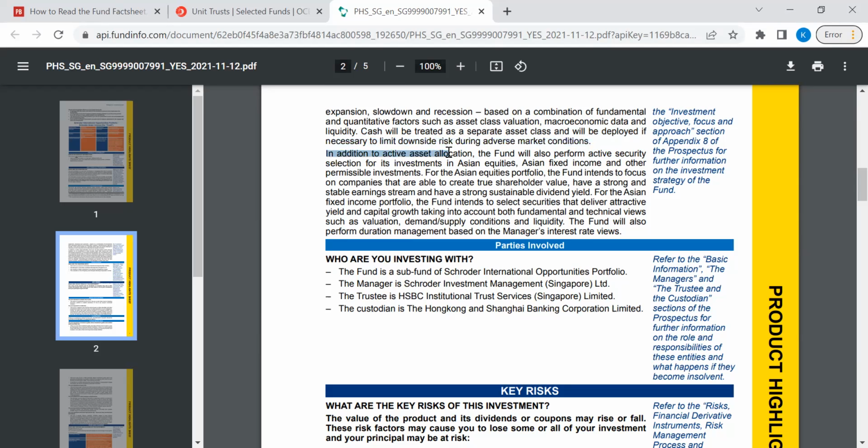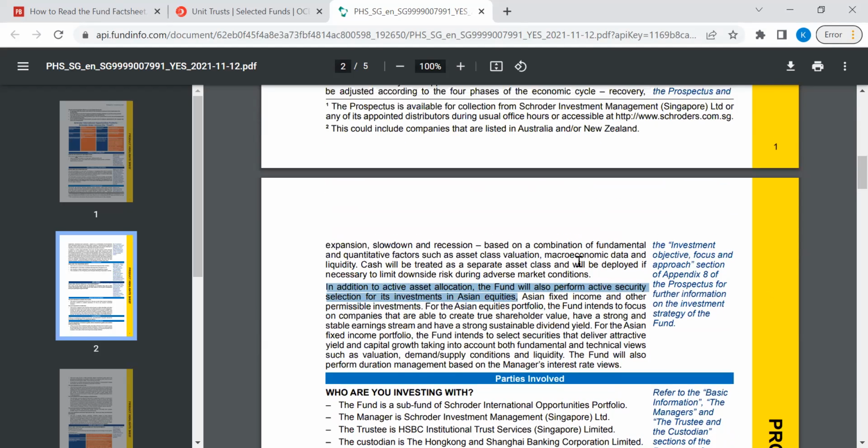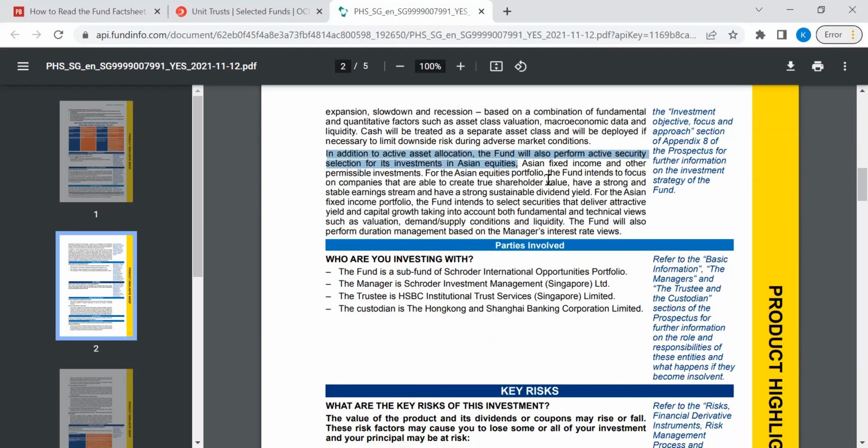In addition to active asset allocation, the fund also performs active security selection for its investments in Asian equities. So it's kind of a repeat of what we discussed earlier on, fundamental research. Asian fixed income and other permissible investment. For the Asian equities portfolio, the fund intends to focus on companies that are able to create true shareholder value.